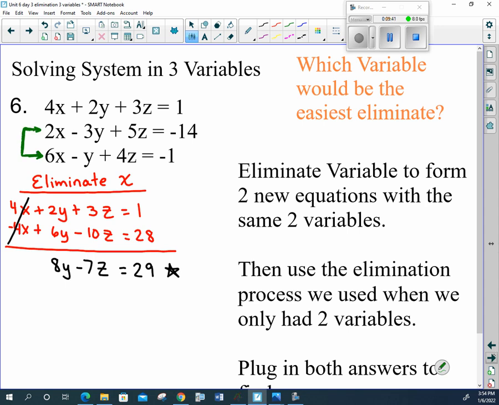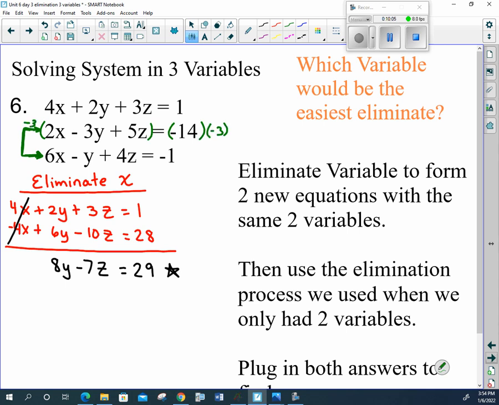So once again, we're not changing variables. We're looking to eliminate x. So in the middle equation is a positive 2x, and the bottom one is a positive 6x. I want them to be opposite, so I want the middle equation to be a -6x. So I'm going to multiply this whole thing, both sides, by -3.